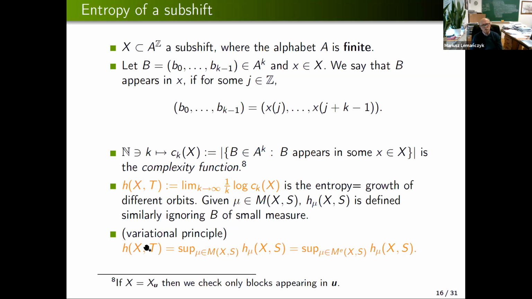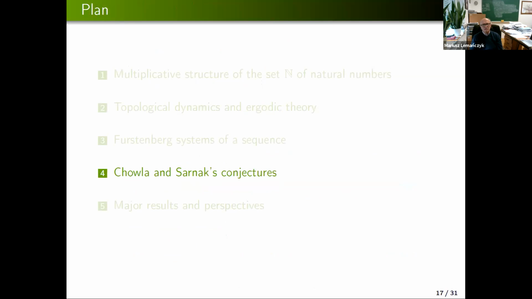It should be S here, of course, S everywhere. The topological entropy dominates measure-theoretic entropies, but on the other hand, if I have so many measures, then in fact I will capture this topological entropy. Because this is a subshift, there will always be a measure which captures this topological entropy.